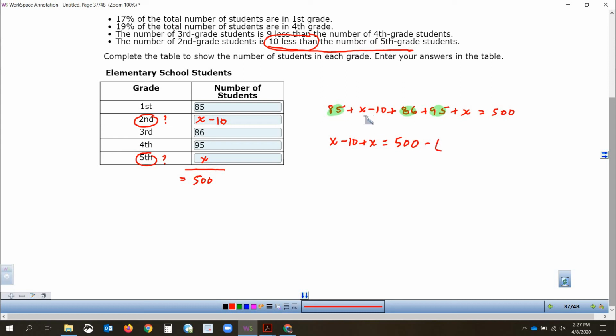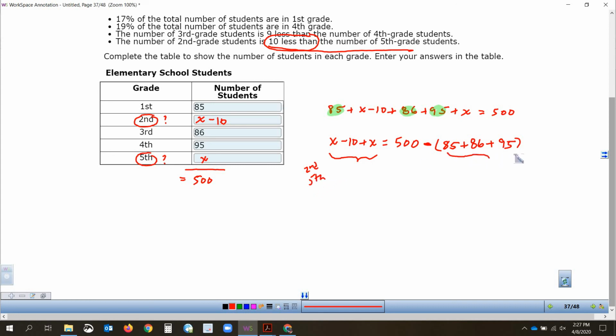Take away those other grades. I'm going to take away the kids in first grade, the kids in third grade, and the kids in fourth grade. So I'm going to subtract all those added together, and that will give me the number of kids in second and fifth, right?